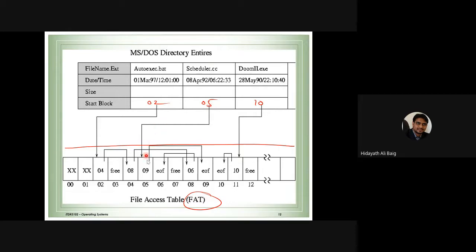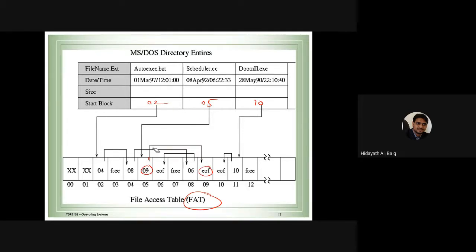Block number 5 will tell me there is data here, and the next block is block number 9. From this block, you can see there is a line. I need to go to block number 9. Now what is block number 9? End of the file. The file is done.